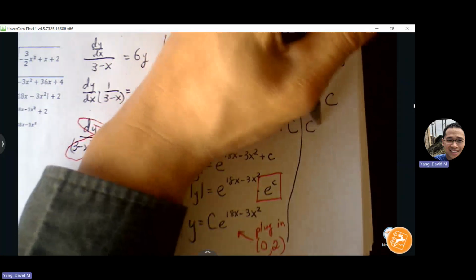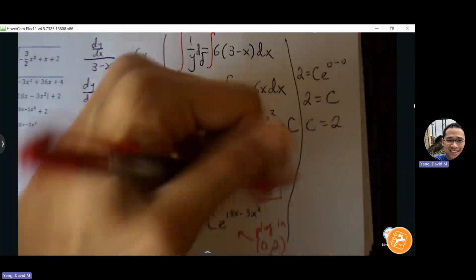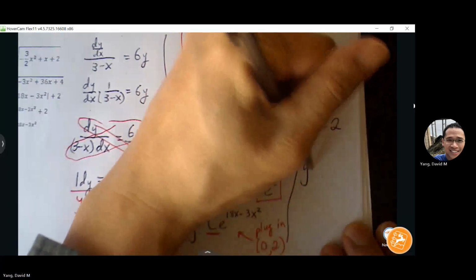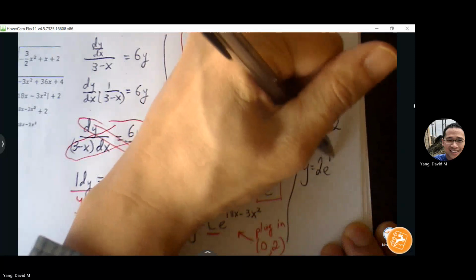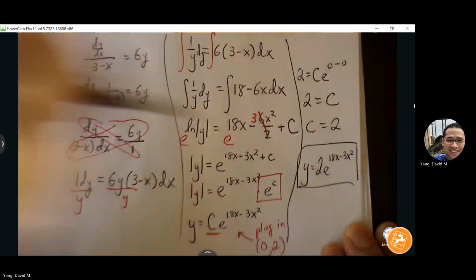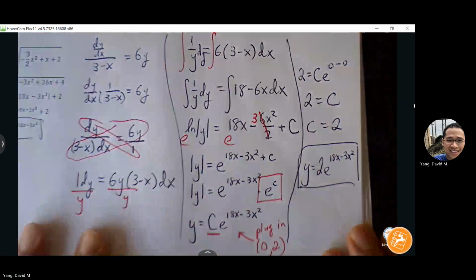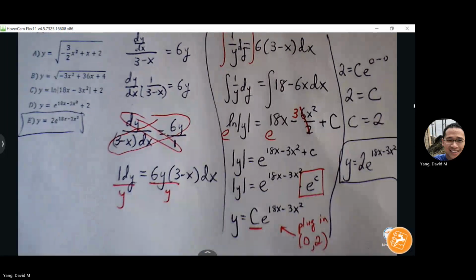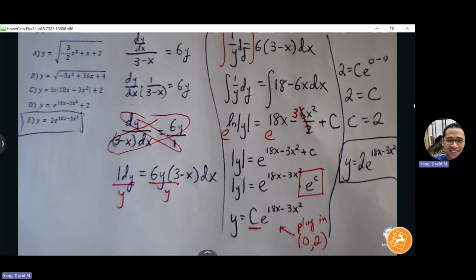C equals 2. Now we put that back in. Okay, let's keep going.